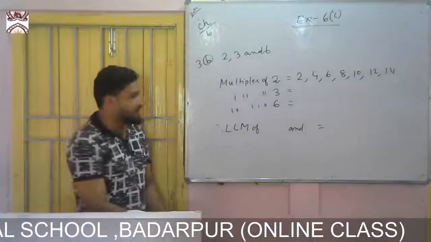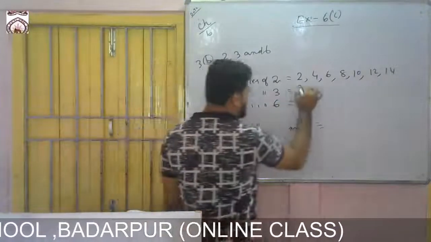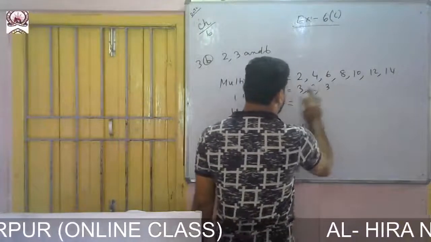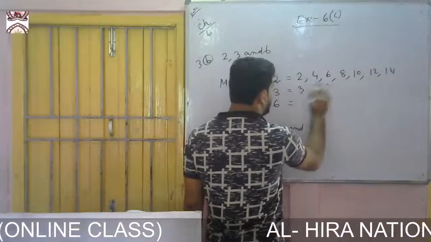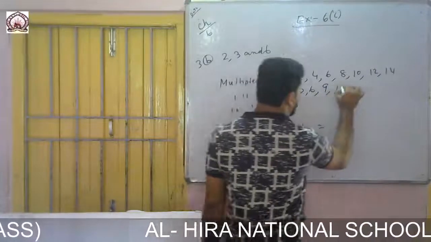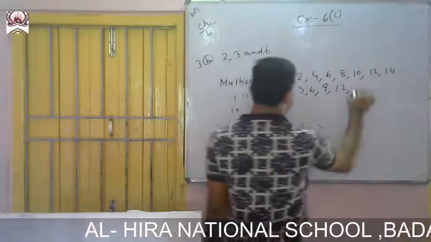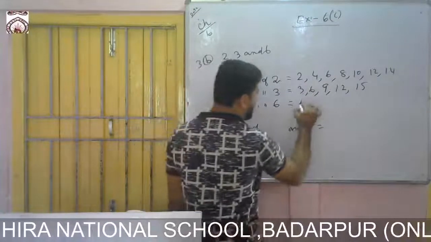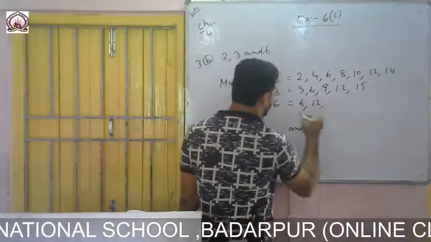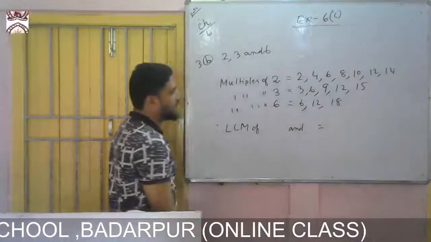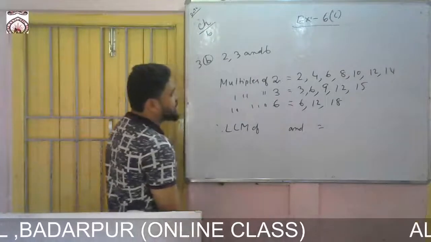Now come for 3. 3 1s are 3, 3 2s are 6, 3 3s are 9, 3 4s are 12, 3 5s are 15. Now come to 6. 6 1s are 6, 6 2s are 12, 6 3s are 18. So see, is there any common?